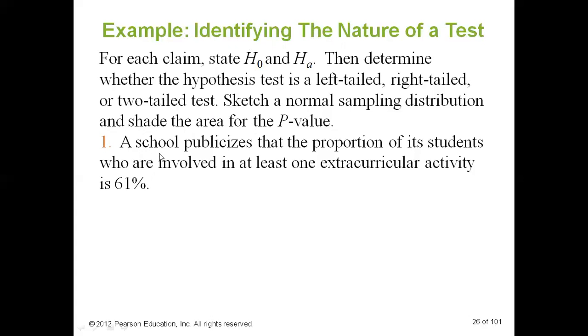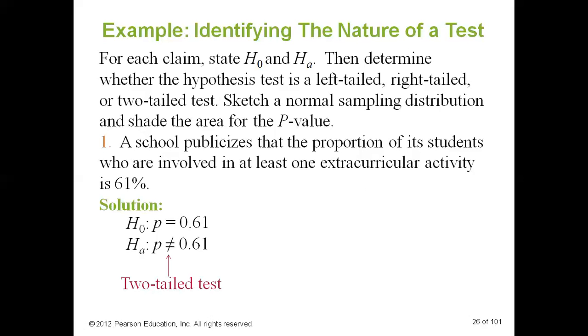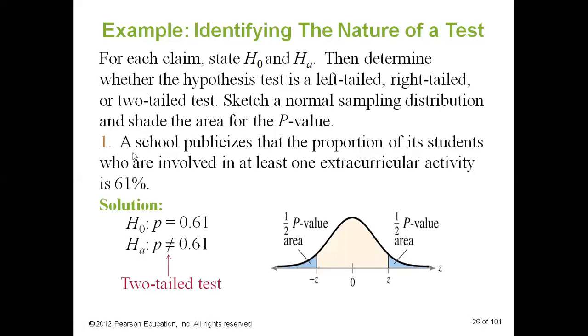For example, a school publishes that the proportion of its students involved in at least one extracurricular activity is 61%. Here, your null hypothesis is p equal to 0.61, and the alternative is p not equal to 0.61. So it is a two-tailed test, because the alternative hypothesis is not equal to.